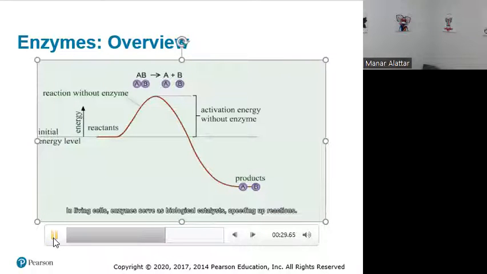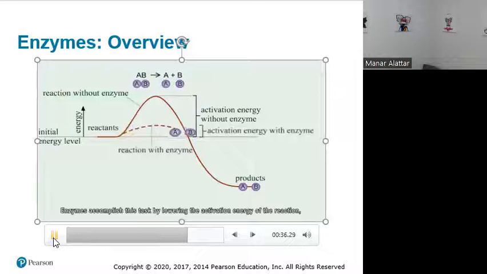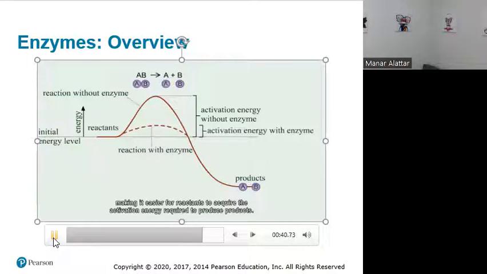In living cells, enzymes serve as biological catalysts, speeding up reactions. Enzymes accomplish this task by lowering the activation energy of the reaction, making it easier for reactants to acquire the activation energy required to produce products.